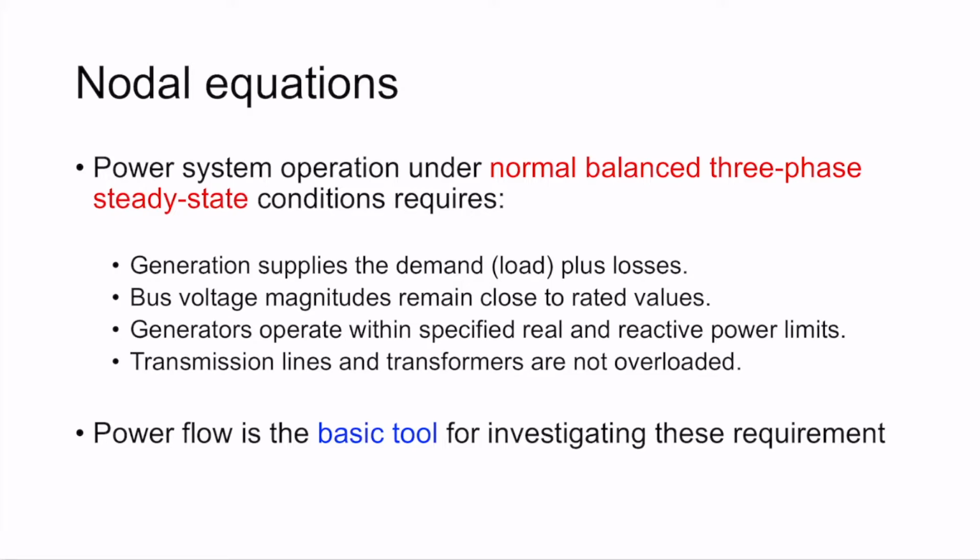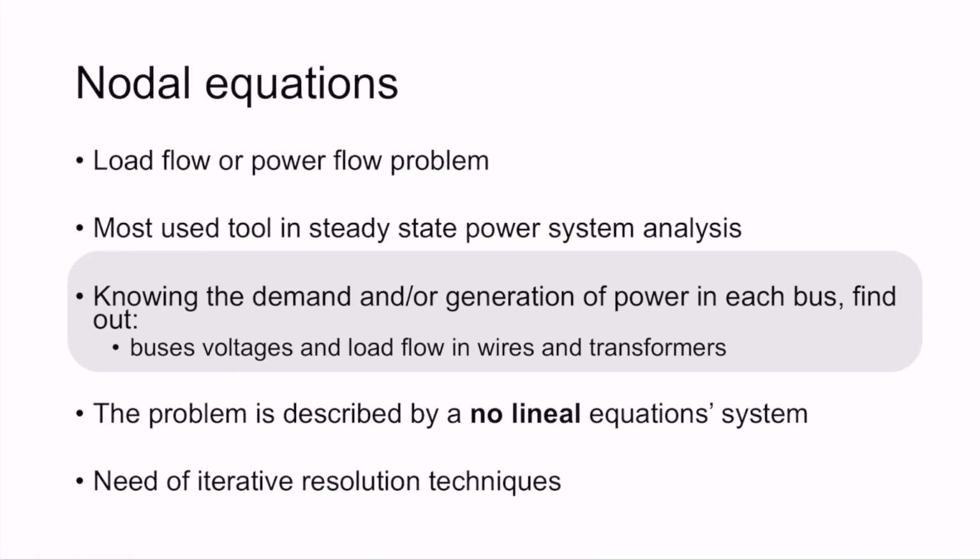Generators can operate within some specific limits. We cannot produce anything we want with a generator, so they have some limitations. And transmission lines also have particular limitations depending on their capacity. All these things must be considered when calculating this power flow.